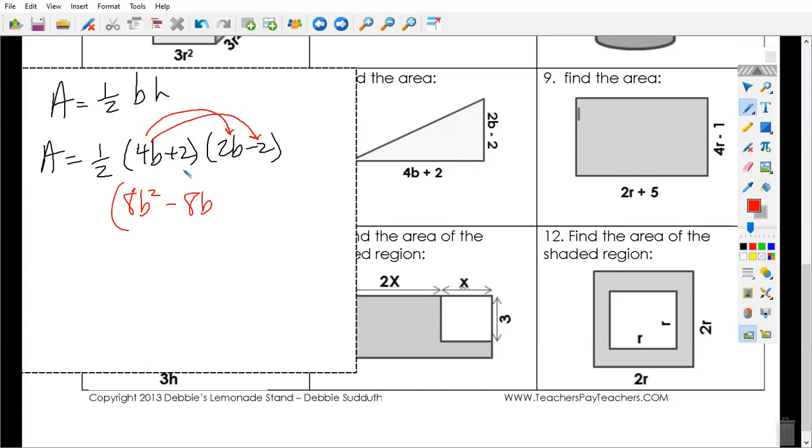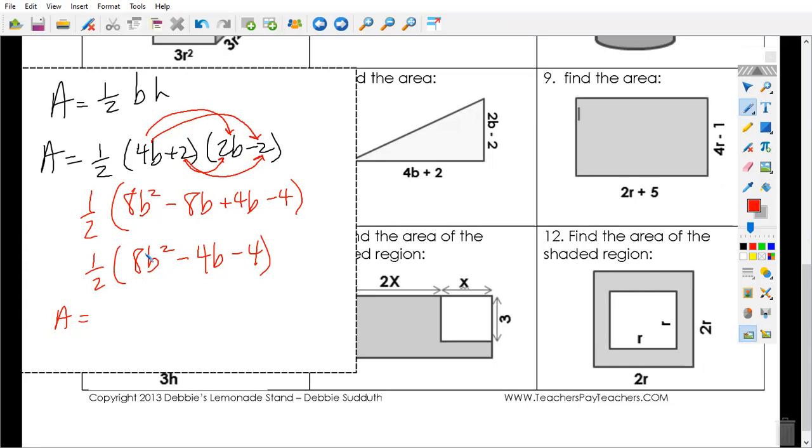So that's our outside, and then our inside, 2 times 2b, and then our last, 2 times -2, which is -4. We can clean this up. So when we clean this up, what do we get? 8b squared minus 4b minus 4. And now we're going to multiply everything by a half.